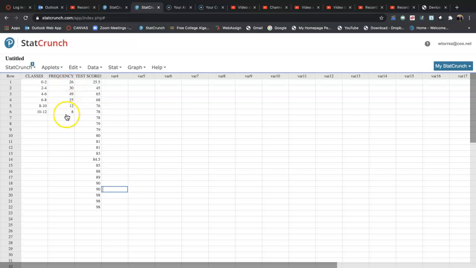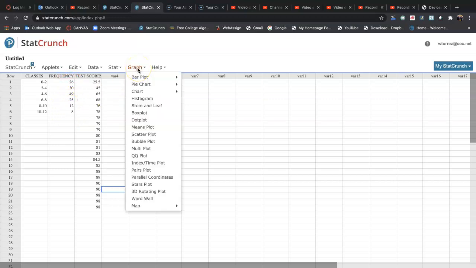All right. Now let's go to our graph superfunction. Notice that there is a histogram function there in the list, but that function requires all of the data values. You cannot use that function if you only have a frequency table. But we do have the bar plot up here, which does allow a summary of the data, which is what we've got here in columns 1 and 2.